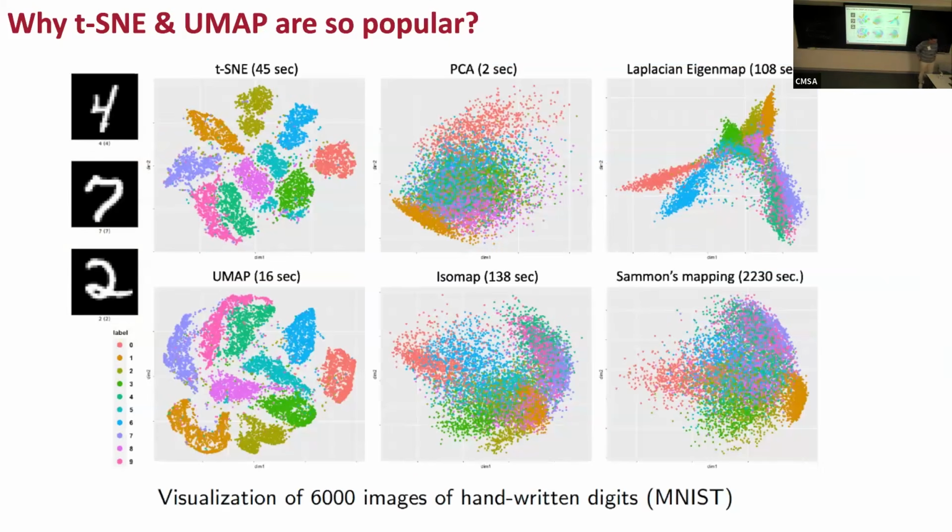To get a sense of why the algorithms suddenly became popular in the applied field, we can look at this simple example. Here, the goal is just to visualize a large data set containing 6,000 images of handwritten digits. Each data point, or each sample, is an image of a handwritten digit.